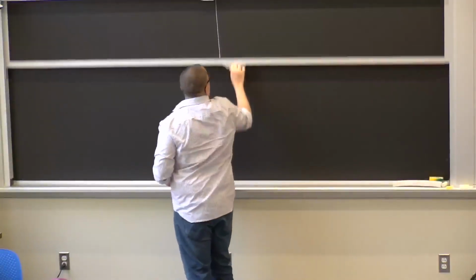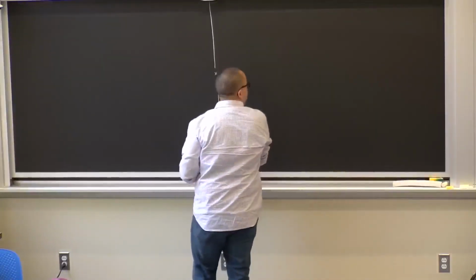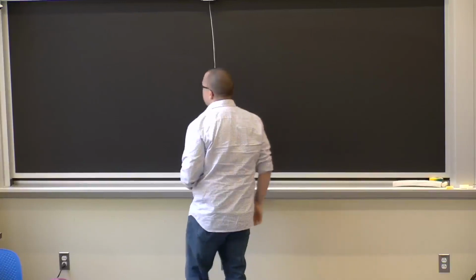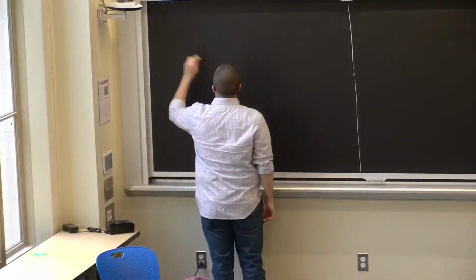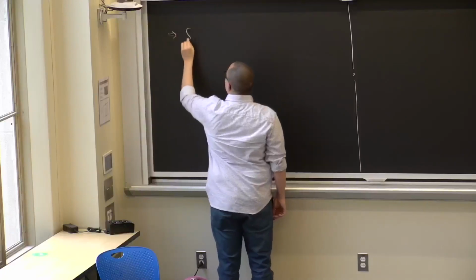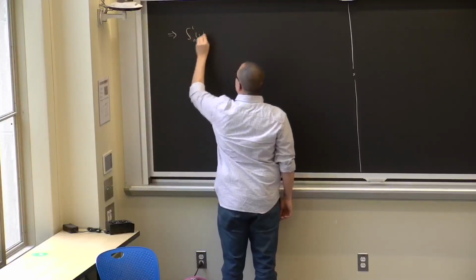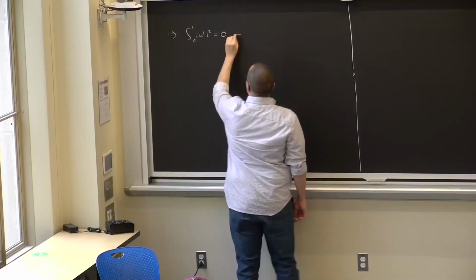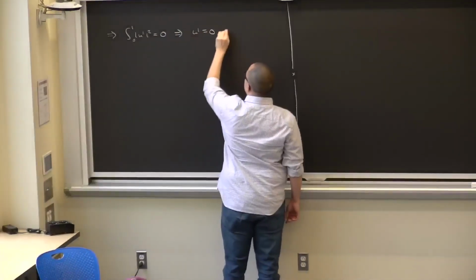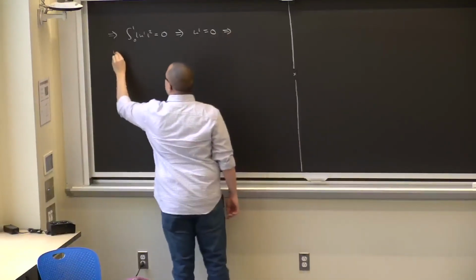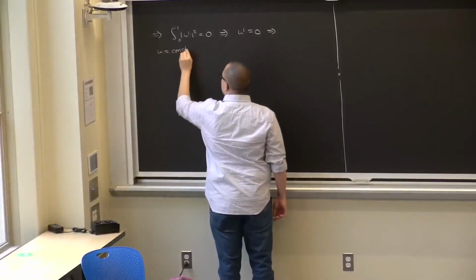Now, u is twice continuously differentiable, so u prime is a continuous, non-negative function, and since its integral equals 0, I get that u prime is identically 0, which implies u is constant.